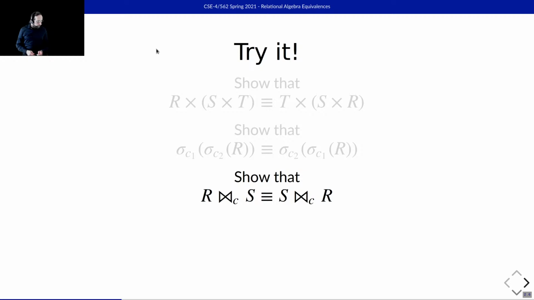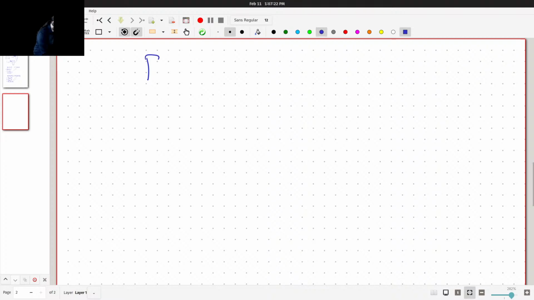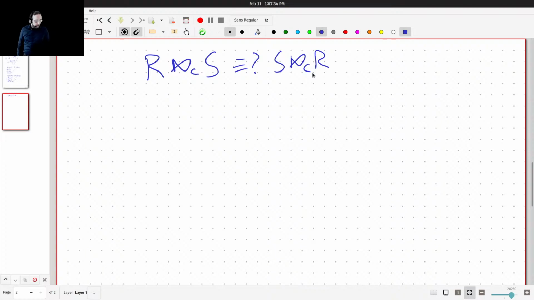All right. Latency isn't actually that bad, so let's do one or two more. So R join on some condition S, and then S join on the same condition R. Okay, what can we do here?